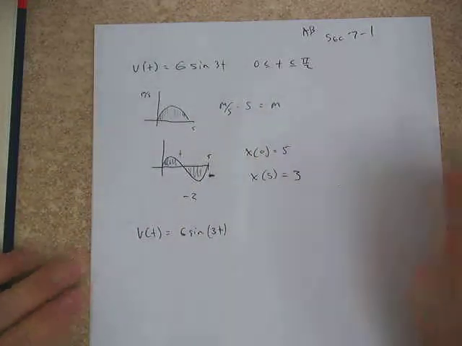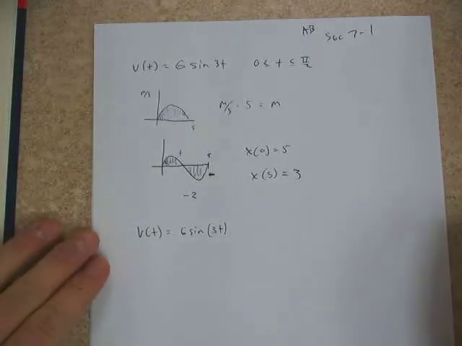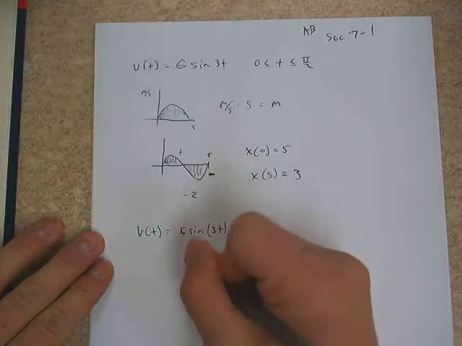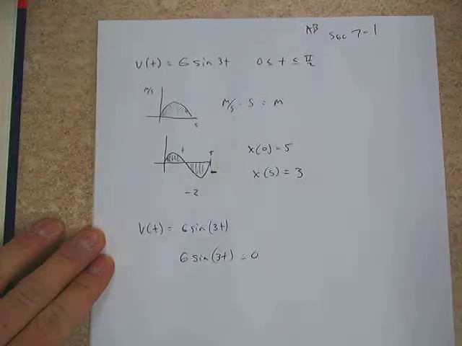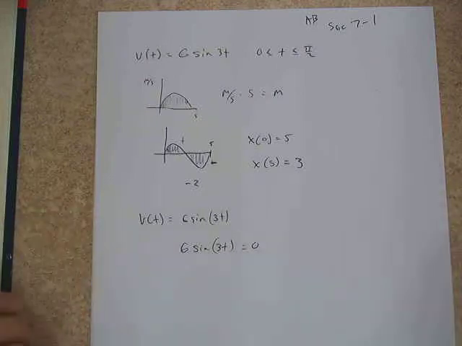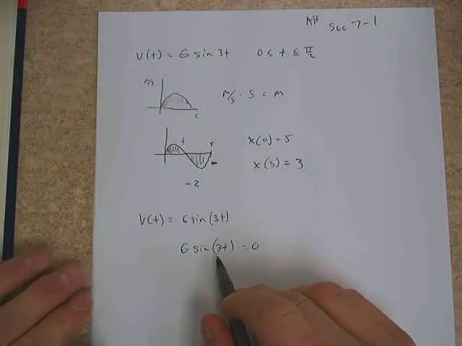So the issue here is, can we find points on this interval, 0 to pi over 2, that they gave us, where the velocity equals 0? Keep in mind that if we set 6 sine of 3t equal to 0, can we find a value that will give us 0?